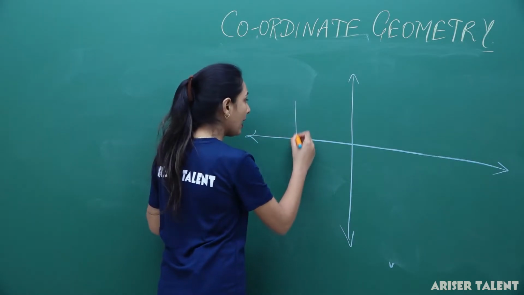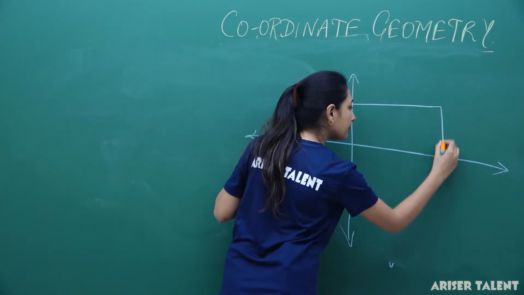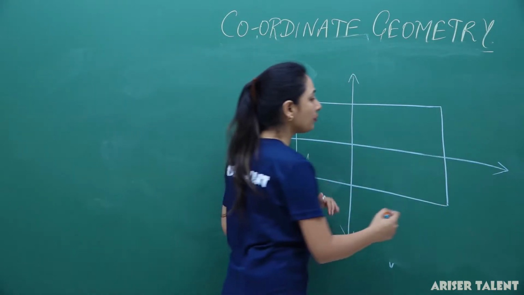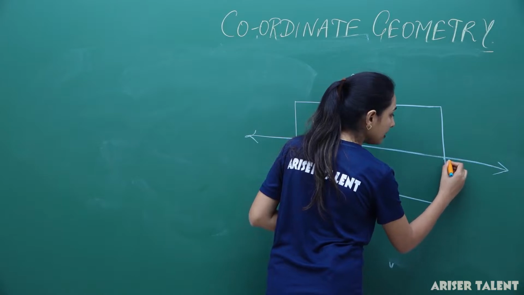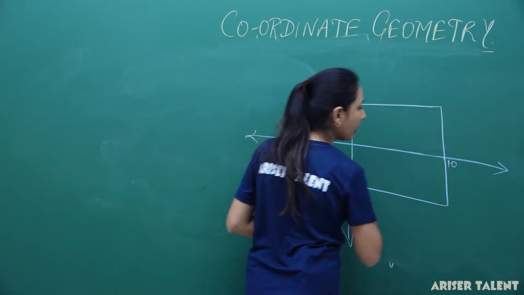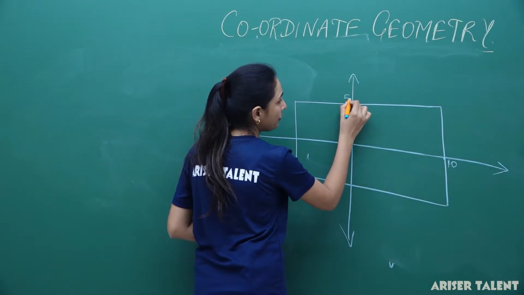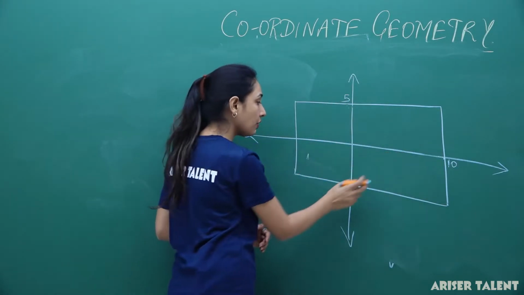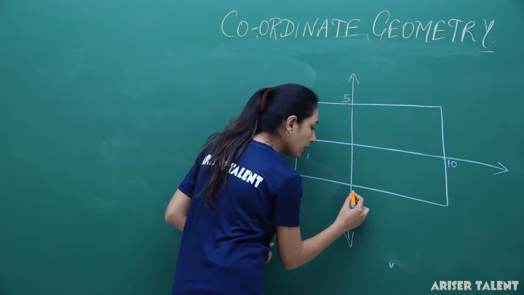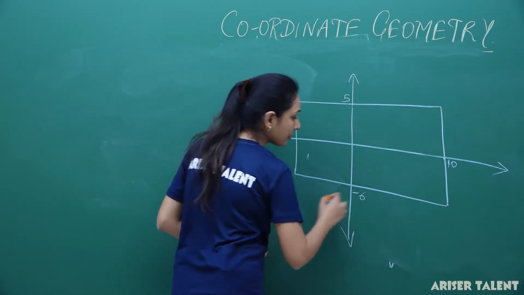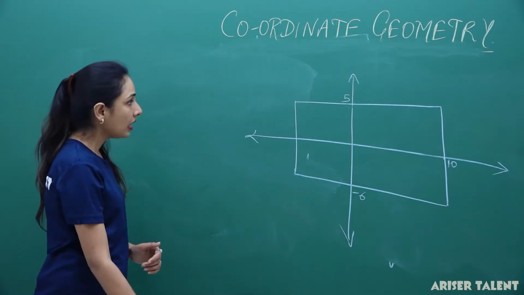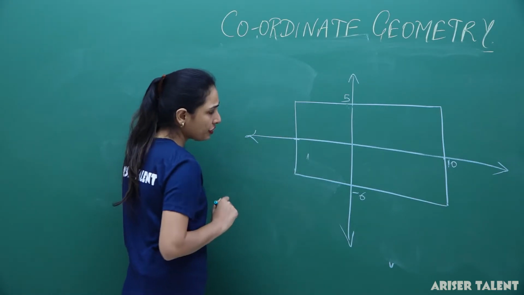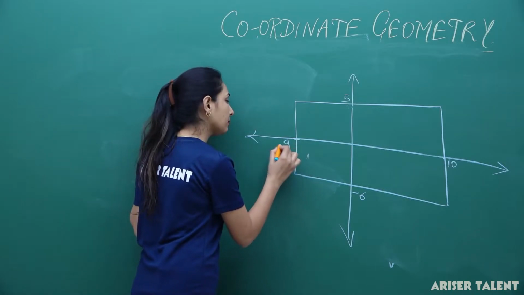Likewise, if I have a rectangle here, and let's suppose this is 10, and this, let's suppose, 5, positive, this will always be positive. Now this is, let's suppose, minus 6, and here, let's suppose, minus 9.